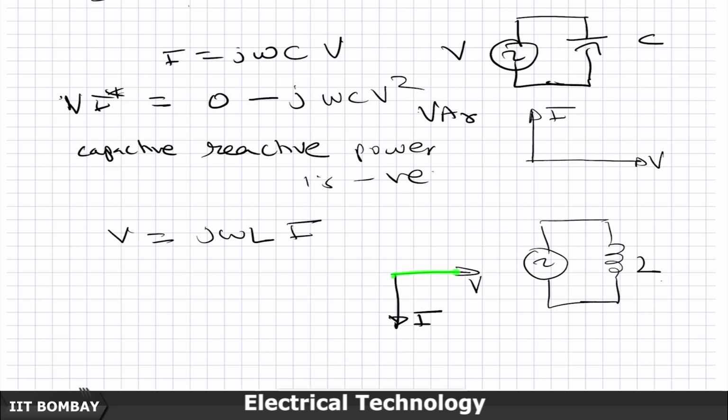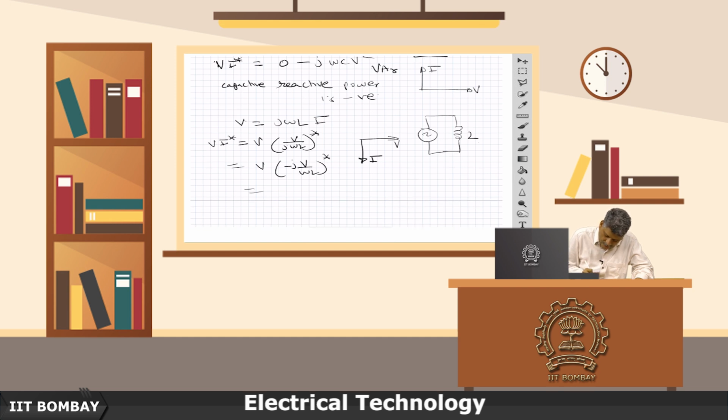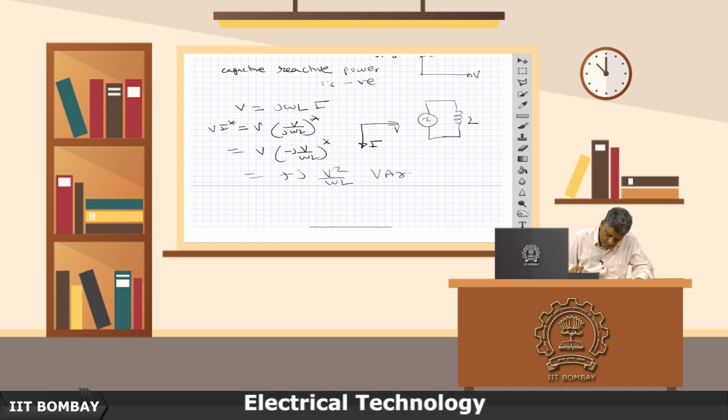If I have taken this as a reference, I will draw the current 90 degrees behind. So, when I do V I star, it is V into (V by j omega L) star, which is V into (minus j V by omega L) star, which is the same as plus j V square by omega L volt amperes reactive.